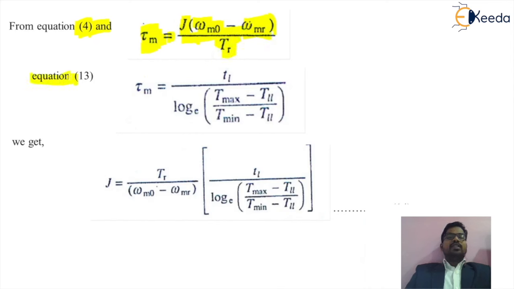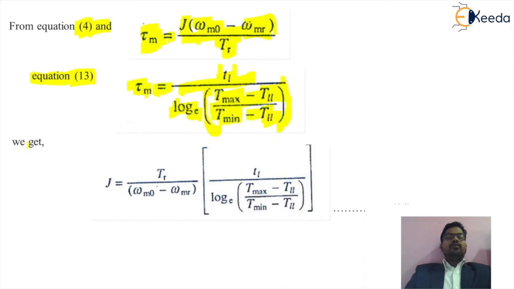And equation number 13 we had already derived earlier: tau is equal to t_L divided by log to the base e of (T max minus T_LL divided by T minimum minus T_LL).